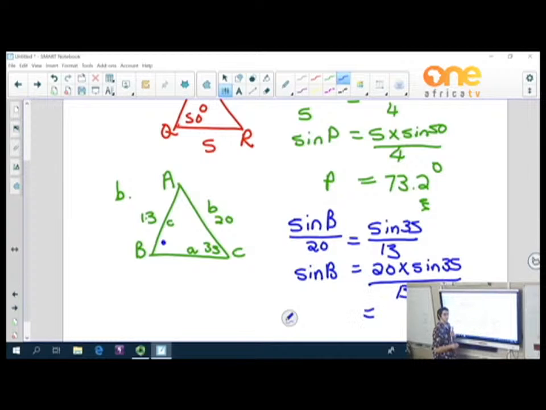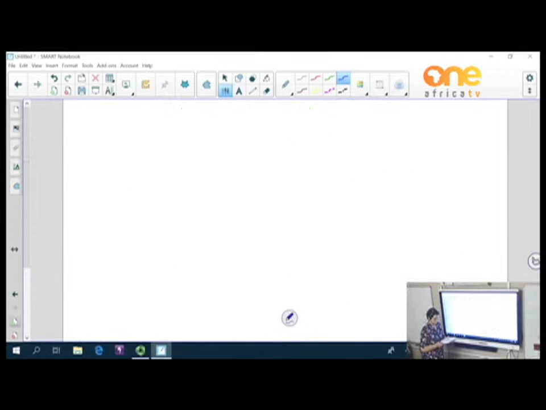And again, this is the angle that you want to calculate. So this is a second function, sine, brackets, another bracket, 20 times sine 35, close your bracket, divide by 13, close, and I got 61.9 degrees. Good, very good. So the sine rule, this is in every paper. We're going to get it every time.